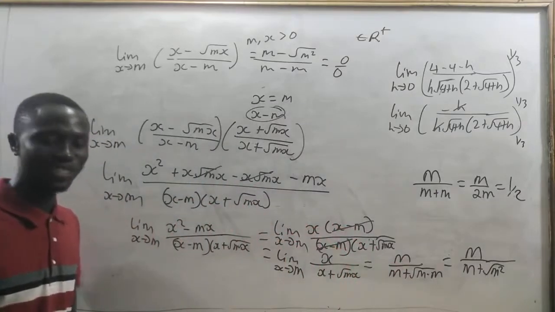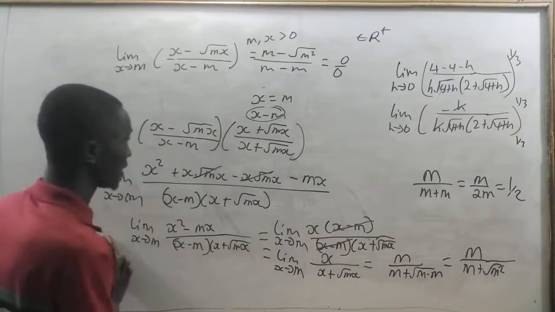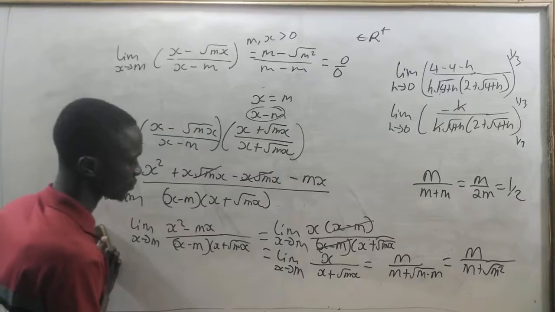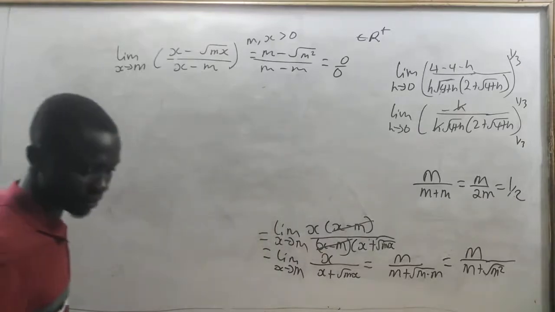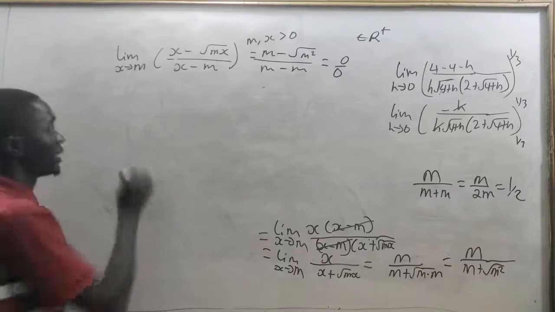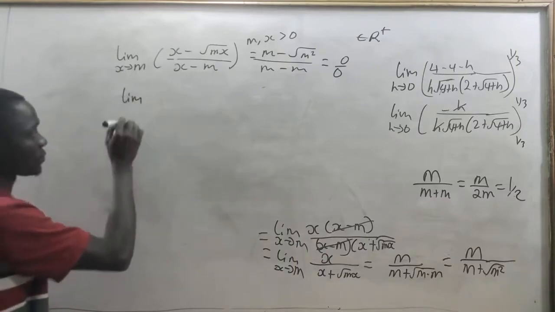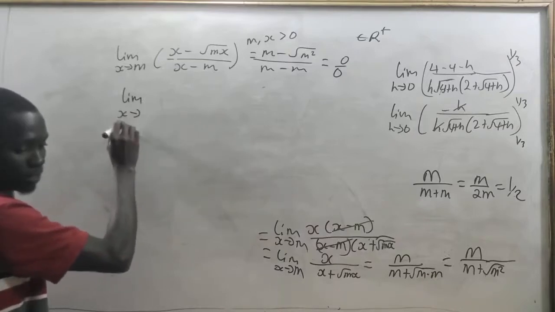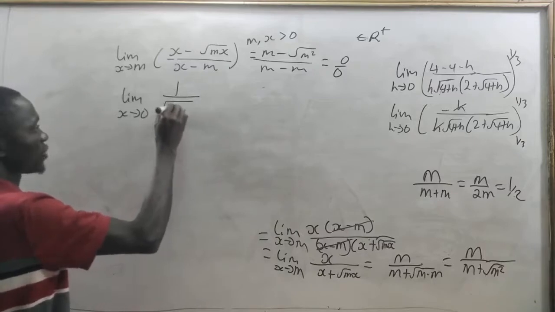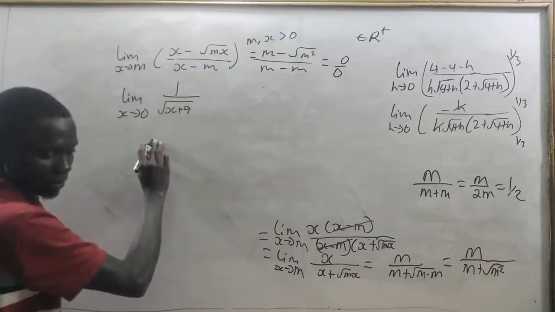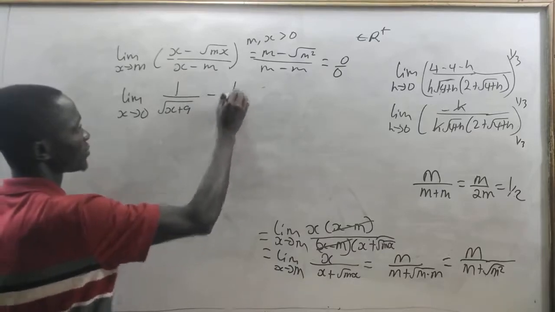Now the last example, and I will say bye-bye. What about this one? If we take the limit as x approaches 0 of 1 divided by the square root of x plus 9, minus 1 divided by 3.